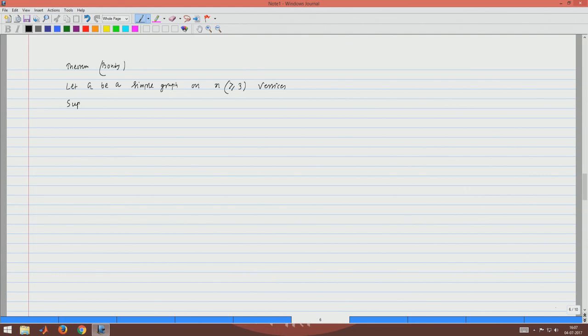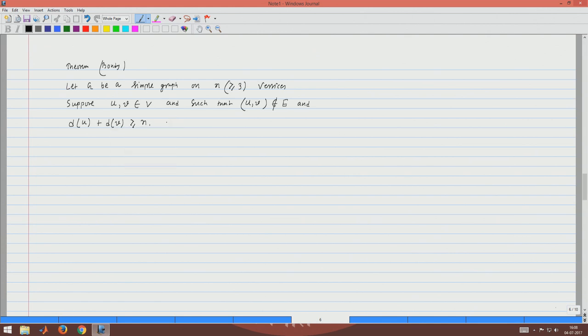Suppose u and v are two vertices in the graph such that u and v are not adjacent, they are not an edge in the graph, and degree of u plus degree of v is greater than or equal to n.